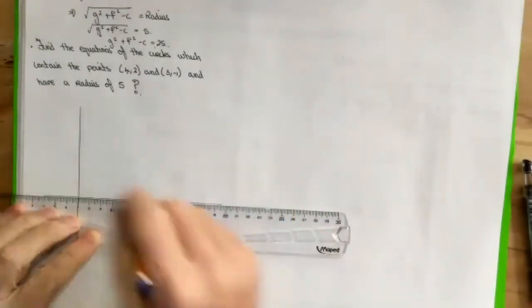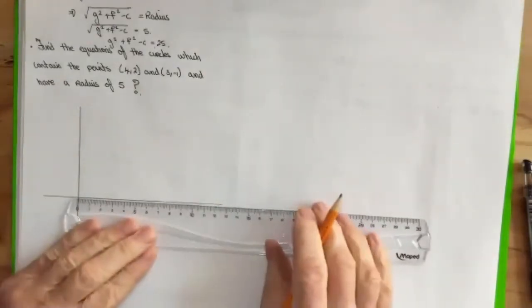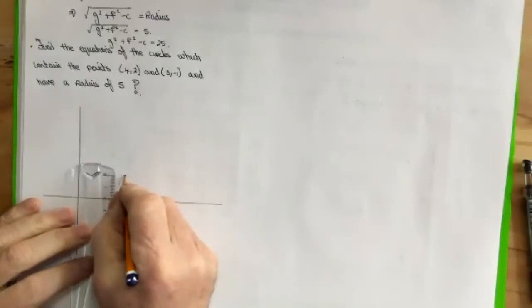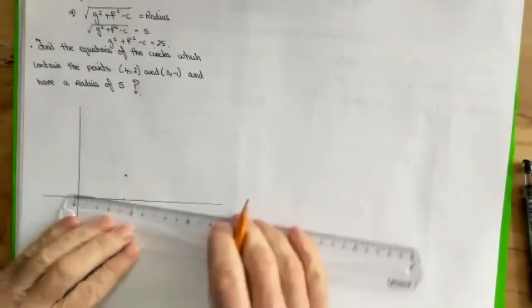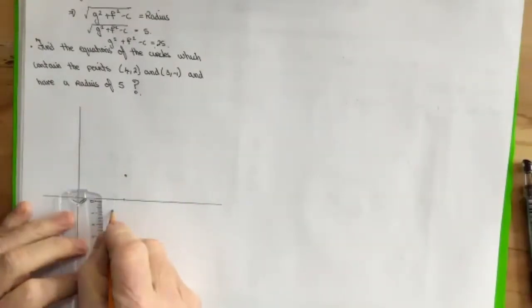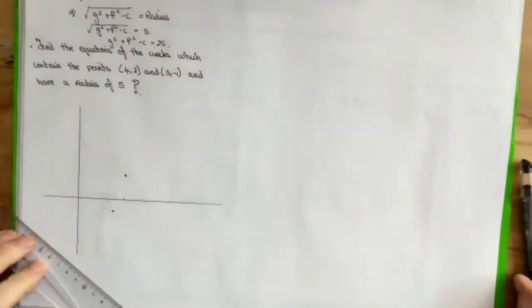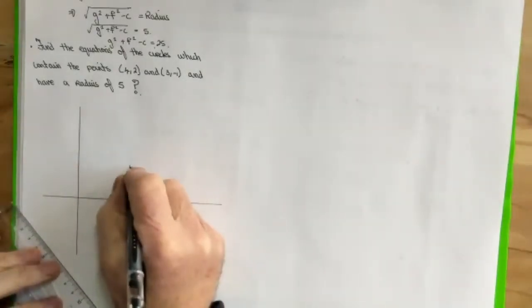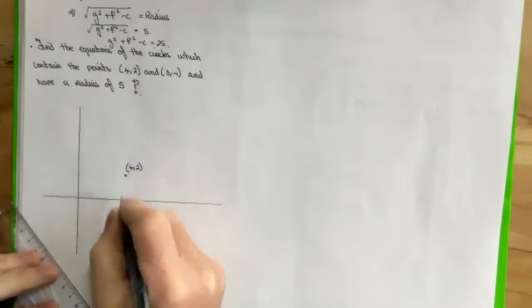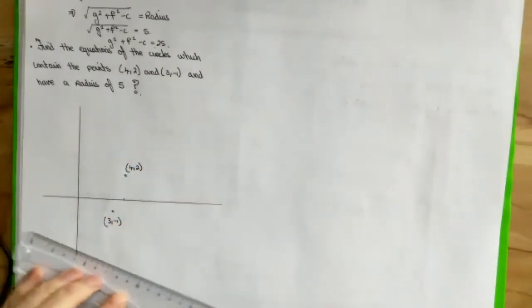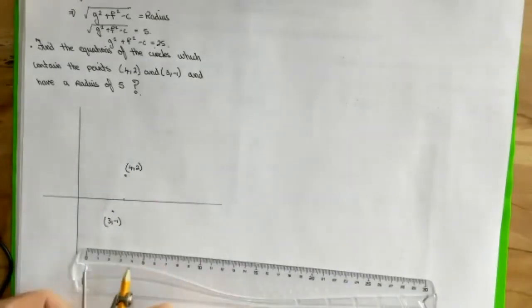You'll see in a minute we'll get on to the papers, and these come up a lot in the papers. So the equation of the circles contain the points (4, 2), (3, -1), and have a radius that is 5.